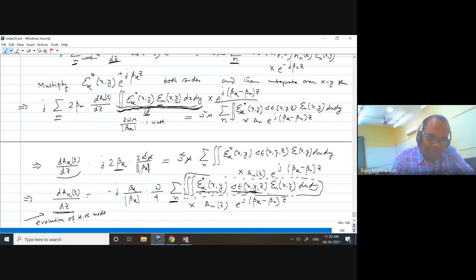Then you are looking into the overlap with the kth mode. All other modes, n runs from 0 to say 10 modes if it is there. You want to see how all individual modes are disturbed because of the delta epsilon. And after disturbance, you are trying to see the overlap with the kth mode. That gives rise to the evolution of the kth mode on the left hand side.